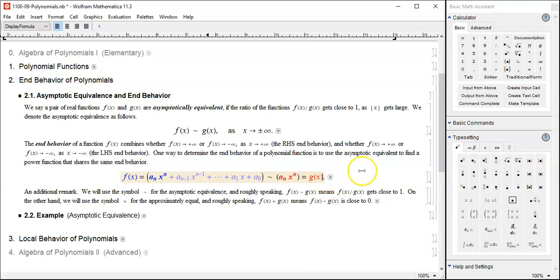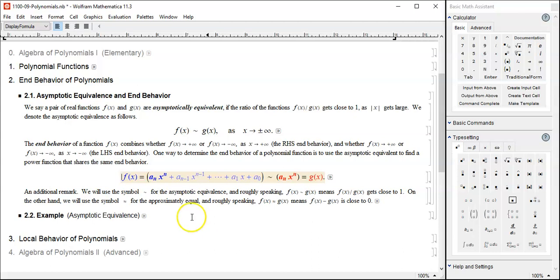Now, why does it work like this? And what are we trying to accomplish here? Basically, what we want is to establish the end behavior of this polynomial function. That is, the behavior of this function as x gets humongously positive or humongously negative. But then again, this original function is too complicated. So I'm going to find a much simpler function that shares the same behavior.